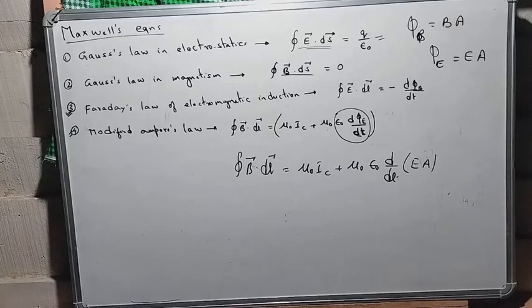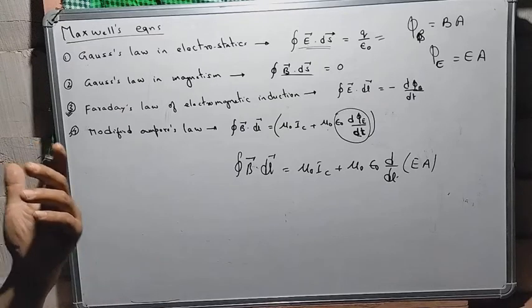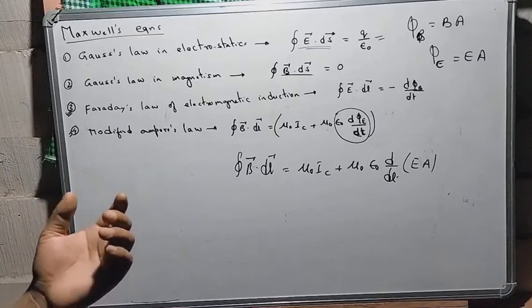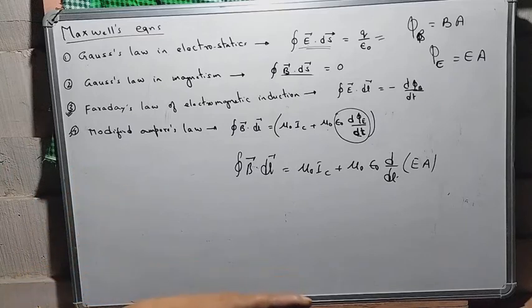So what is an electromagnetic wave? An electromagnetic wave is a wave of varying electric and magnetic fields, which travel in a medium perpendicular to each other as well as to the direction of propagation of the wave. So that is an electromagnetic wave.